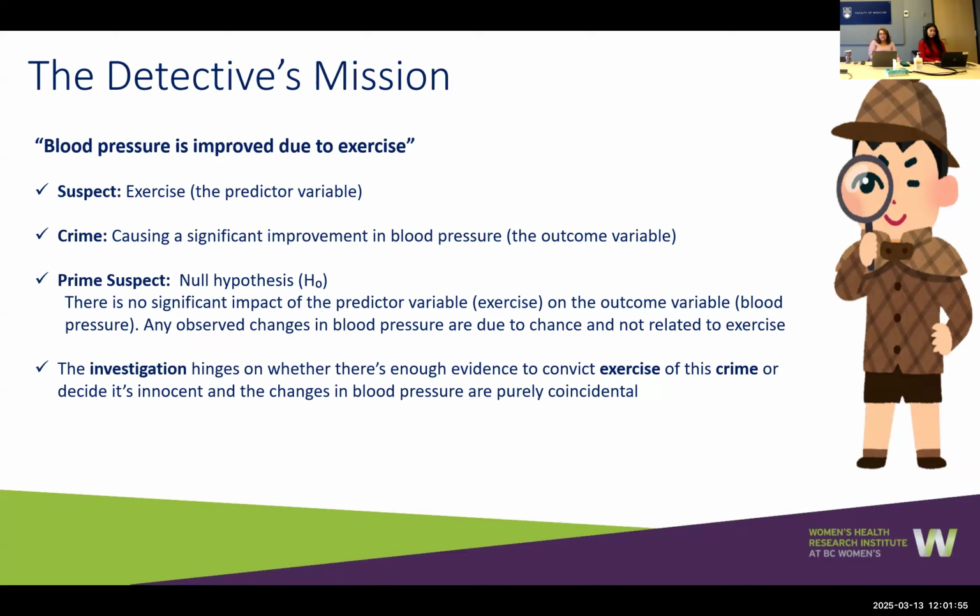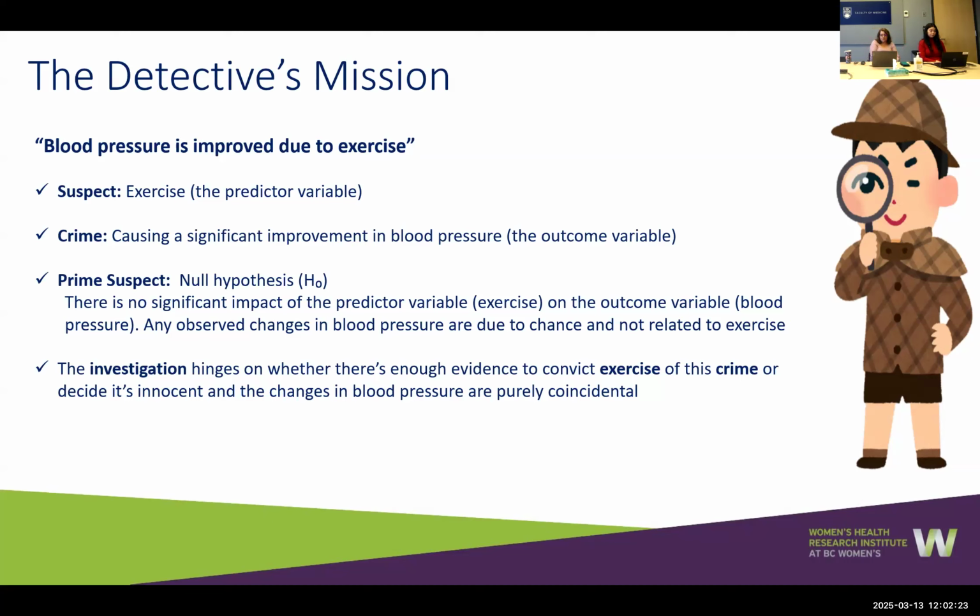And what is our null hypothesis in this case? There is no significant impact of our predictor variable, exercise, on our outcome, blood pressure. So basically we're saying if we observe any changes in blood pressure due to exercise, it will be by chance only.